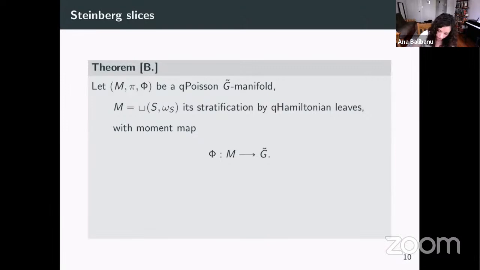And remember from the beginning of the talk that inside the target of the moment map is living the Steinberg cross section, which is transverse to what we now know are the quasi-Hamiltonian leaves in G tilde, which is to say the conjugacy classes.